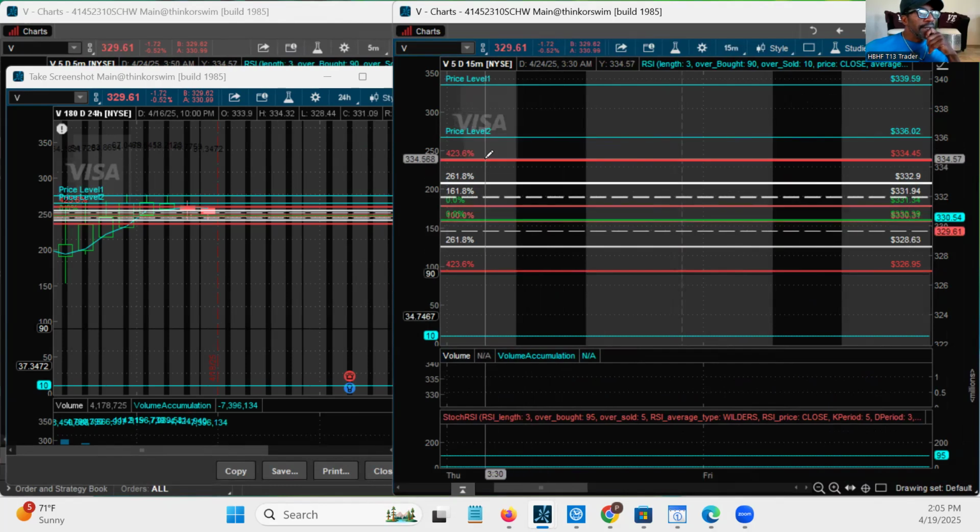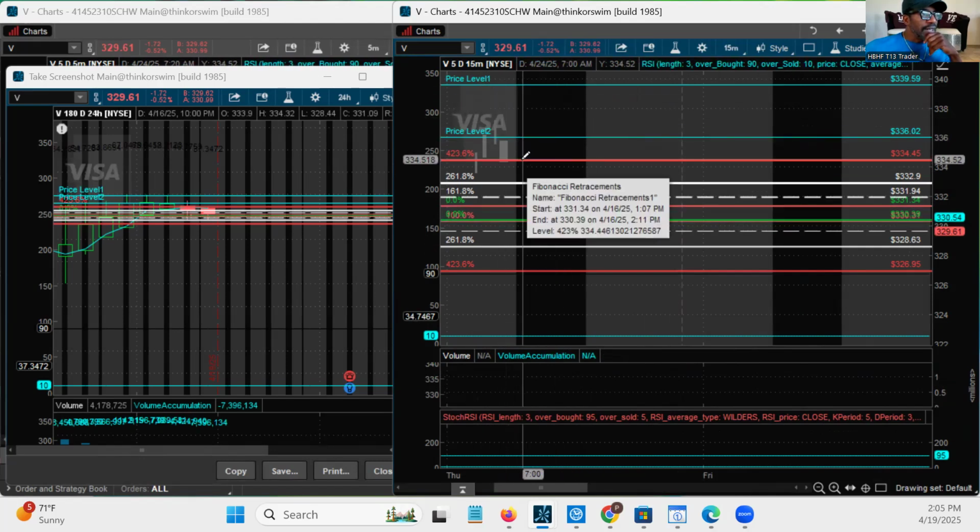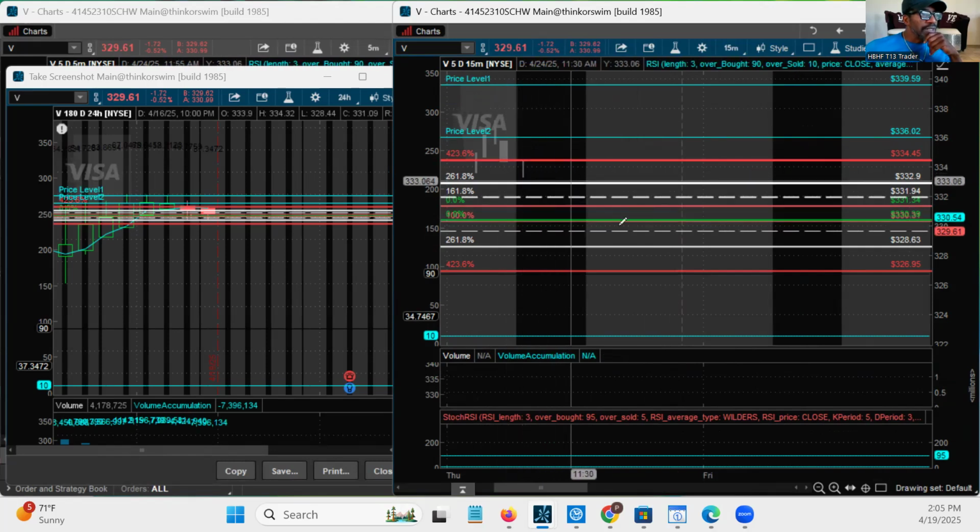If this is your pre-market, it'll start establishing support here, on your low. Remember 333, 332, and it started creating these candles. And then it comes back down and holds market support.